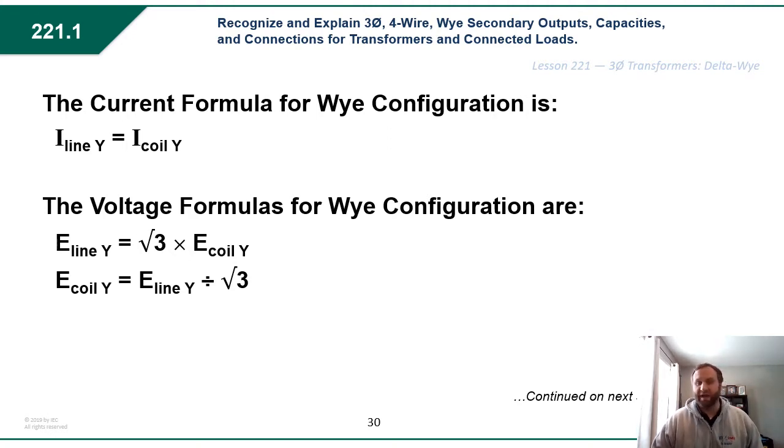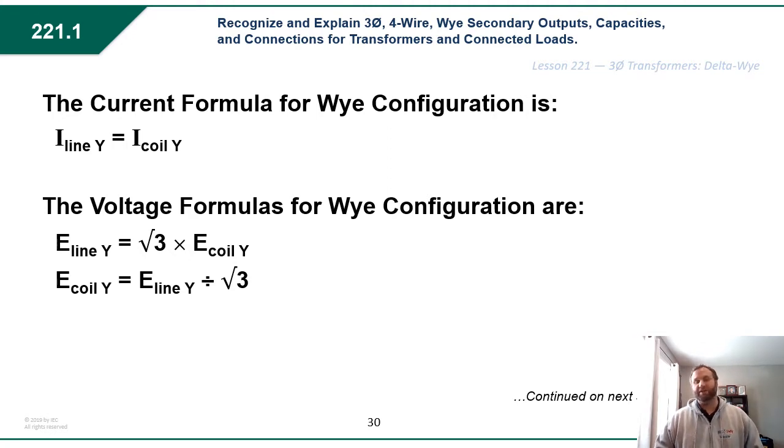I line equals I coil. This is only for a Y configuration when calculating your amperage. And for voltage in a Y configuration, remember how in a delta our amperage was off by the square root of 3? It's very similar here for voltage in a Y configuration.